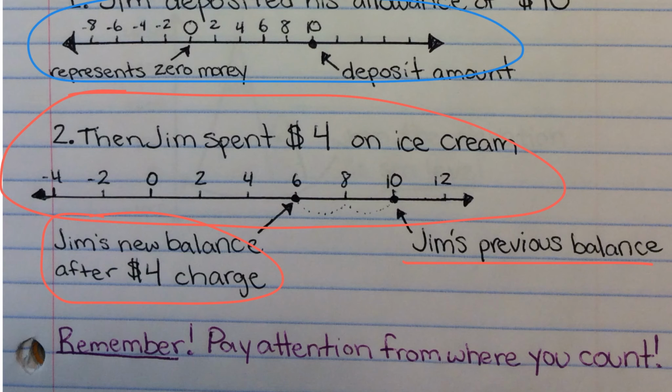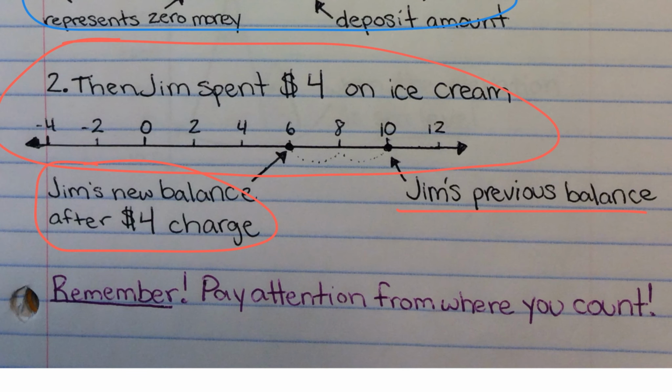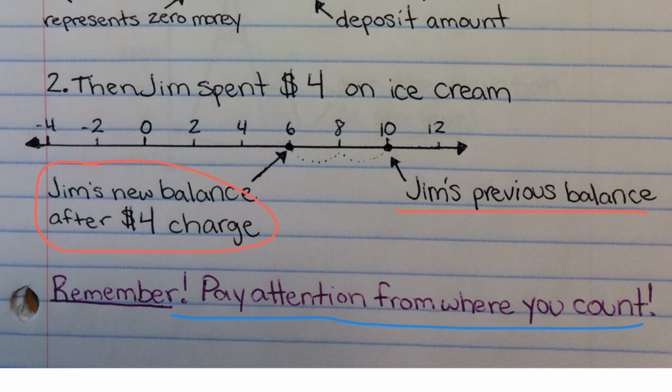Okay? Now the last thing that I want to make sure that you really pay attention to is this piece down here at the bottom. Pay attention to where you start counting. Okay? In our first example, I'm going to get rid of this circle because it's kind of in the way.